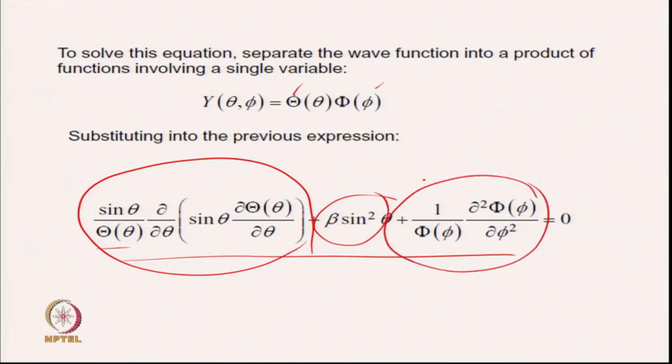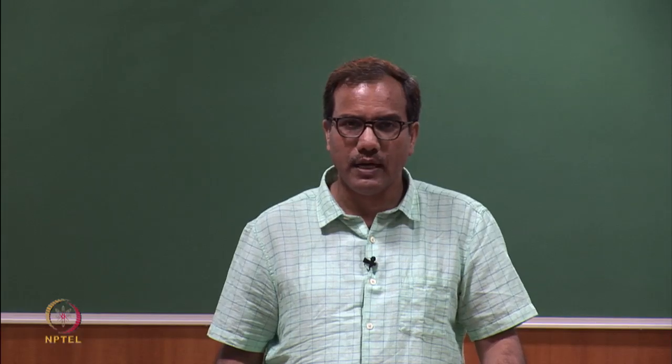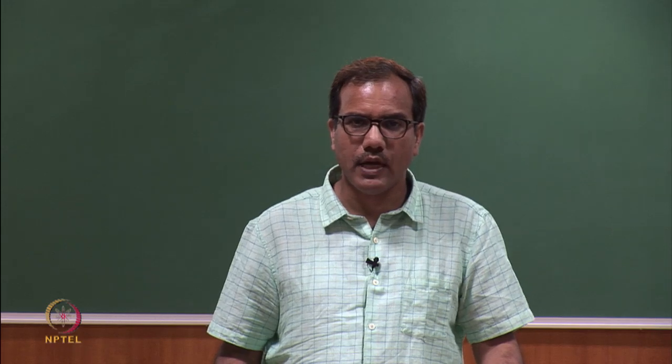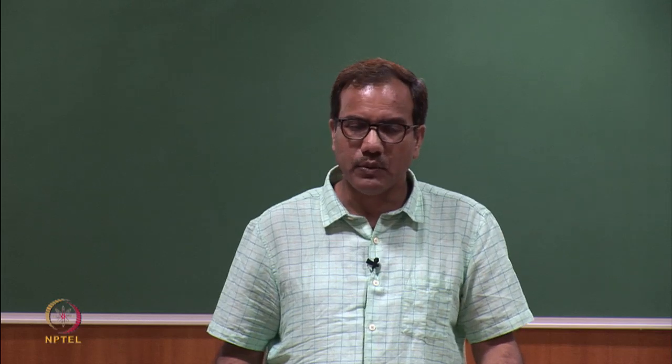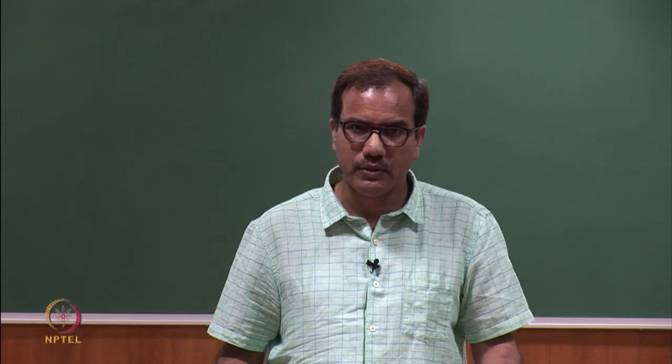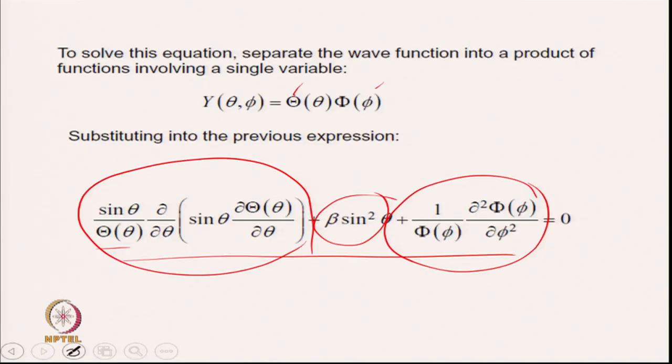So, when you substitute that, that is what you are going to get, and since the two parts depend either on theta or on phi, the two terms must be equal to some constant, and here we define this to be m square, and this will be minus m square, and so the whole term will be 0.